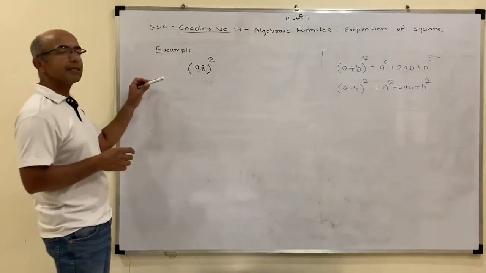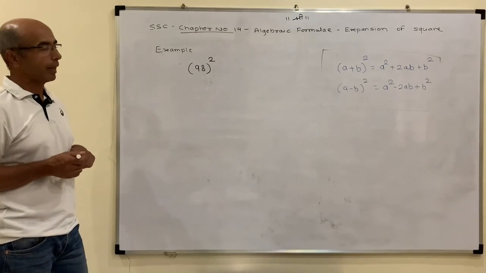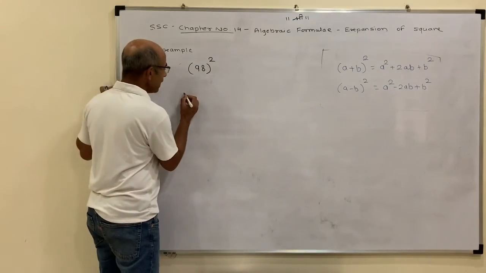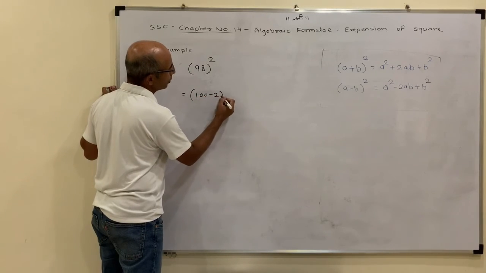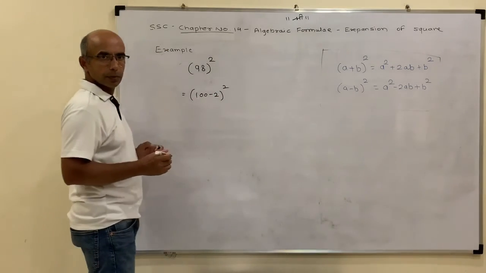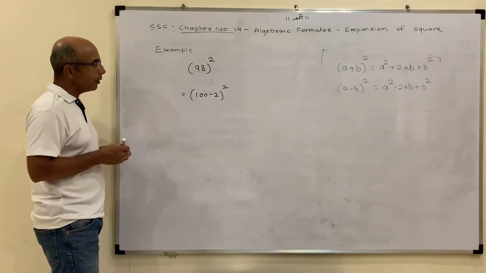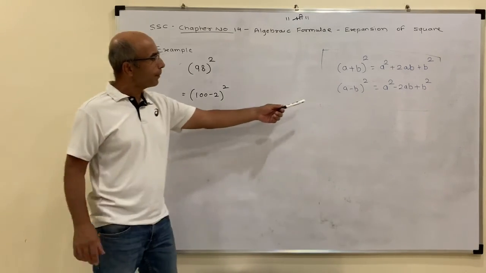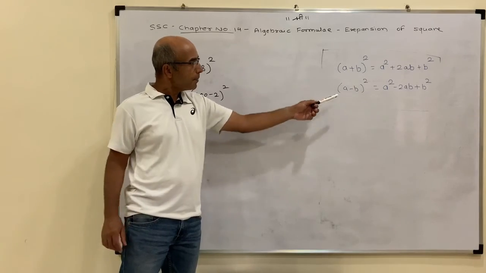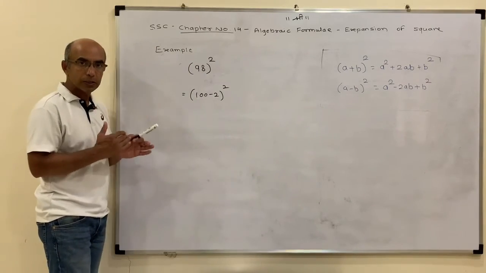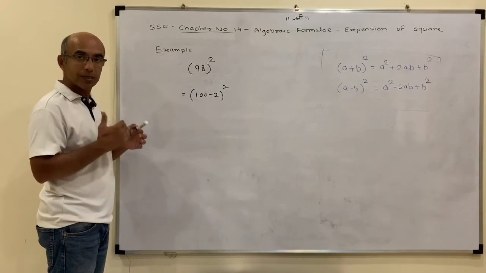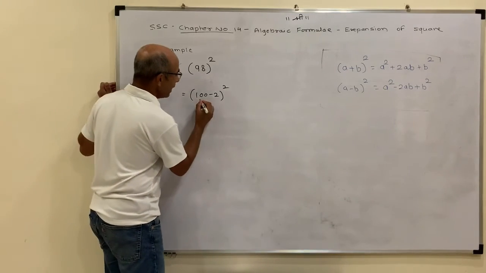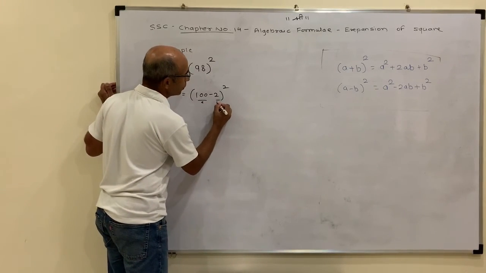Now our next example is 98². How can we rewrite 98? As (100 − 2)². So I'll be applying this formula: (a − b)² = a² − 2ab + b². Here my a is 100, my b is 2.